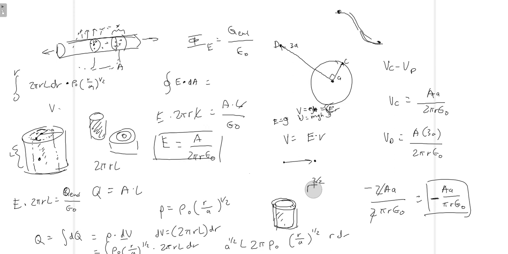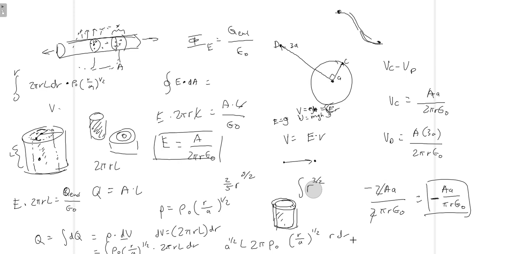The integration of this will just be 2/5 times r to the 5 over 2, since 3 over 2 plus 1 is 5 over 2. I believe it's just this.